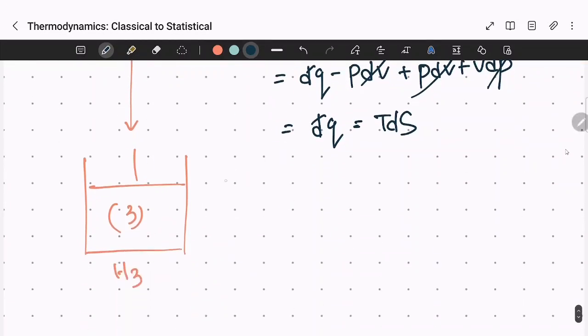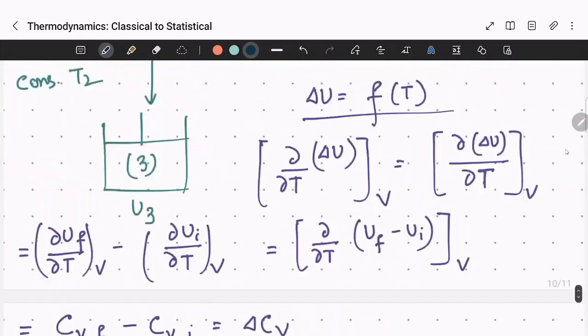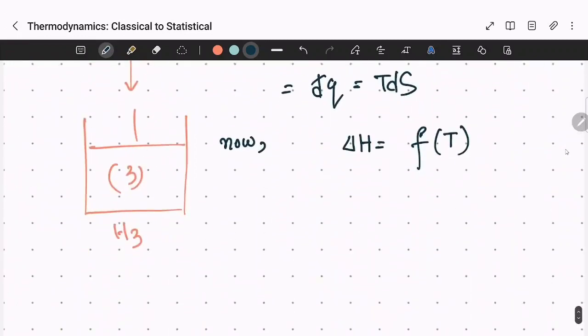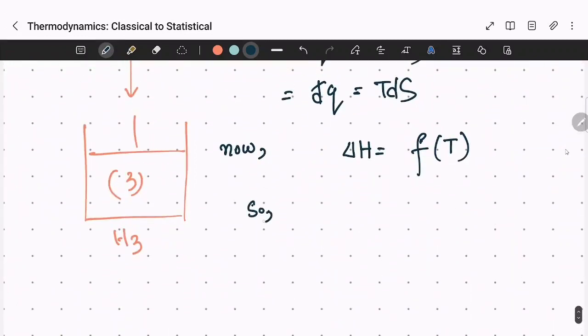Now, similarly we can write that del H is again a function of temperature, the same procedure as we followed here. So what will be del H del T at constant pressure?